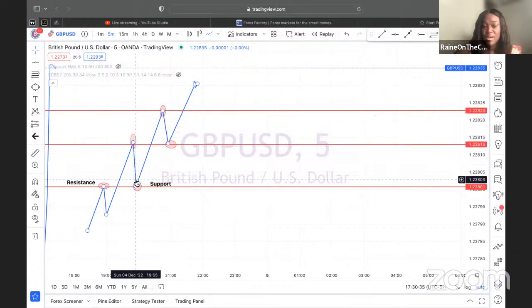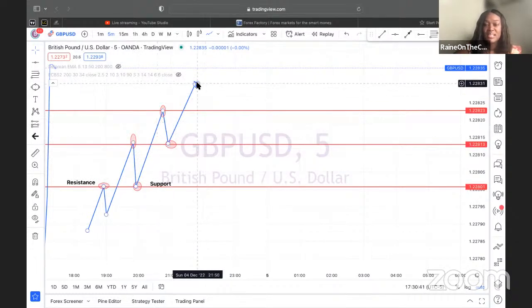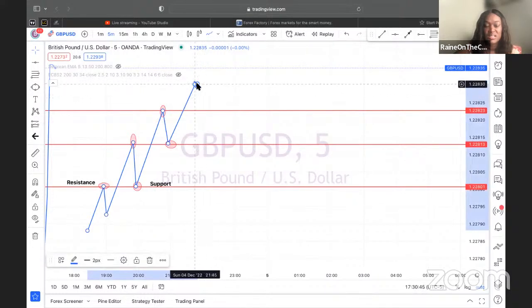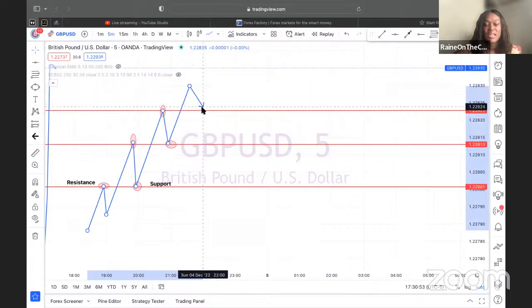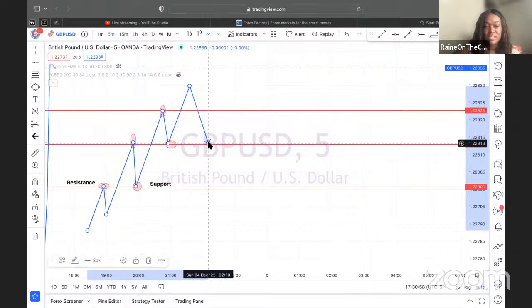Wait for the pullback and then you get in, right? But then things can change. It can always turn around.